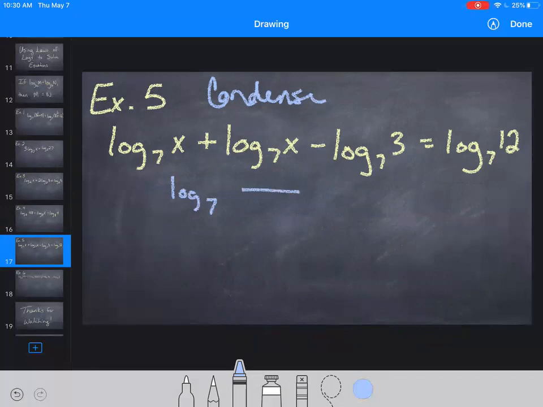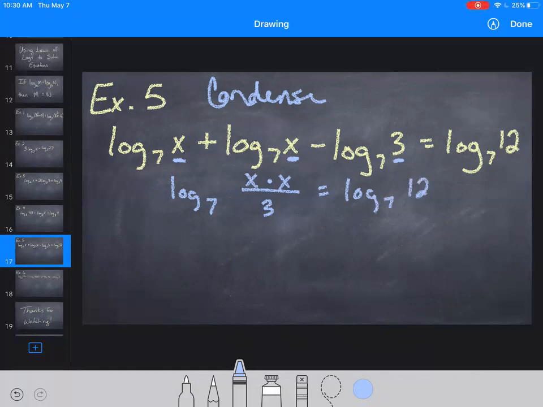On this first log base 7 of x, I have a positive log base 7 in front of that x, so I'm going to put an x in the numerator. Then I have another positive log base 7 of x, so that x also has to go in the numerator. And then my 3 has a negative log base 7 in front of it, so that 3 has to go in the denominator, is equal to log base 7 of 12.